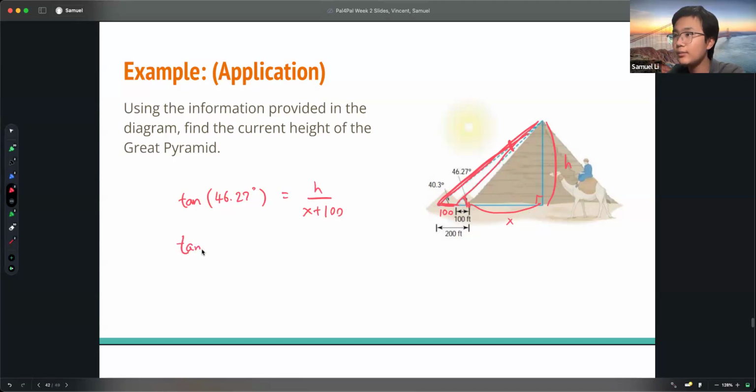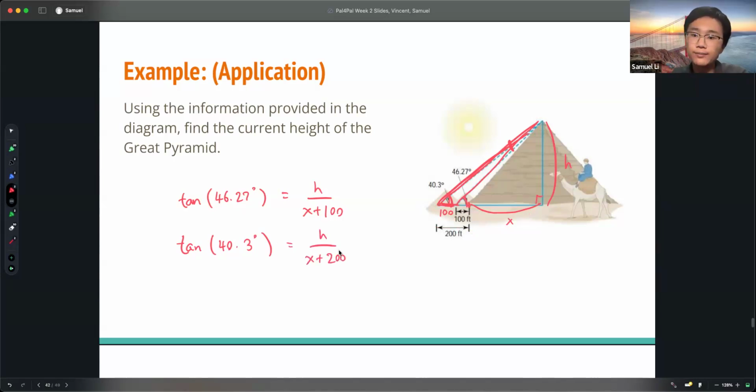The tangent of the other angle, 40.3 degrees, would be h over this entire base over here, which is x plus 200. So this would be h over x plus 200.